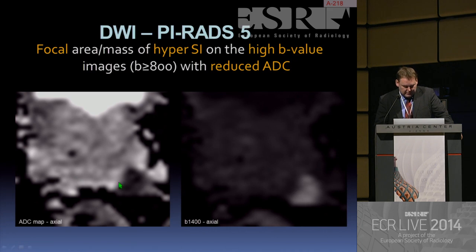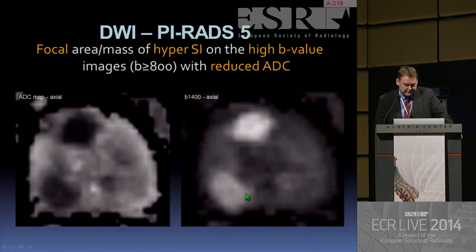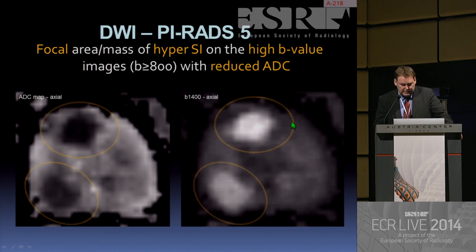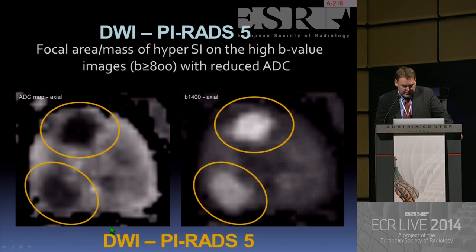Another example here in the left cranial peripheral zone on the transition to the left seminal vesicle, also a mass, black and white. Another beautiful example, a ventral anterior tumor with very low ADC, a very high signal on DWI. This is PI-RADS 5.